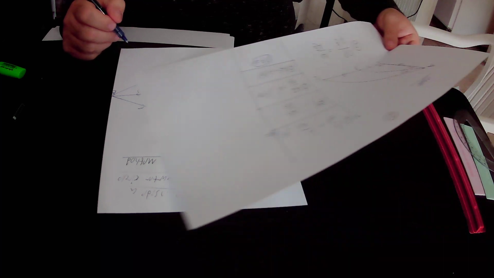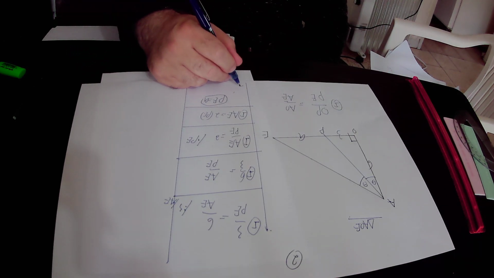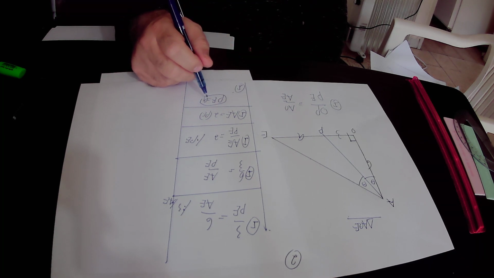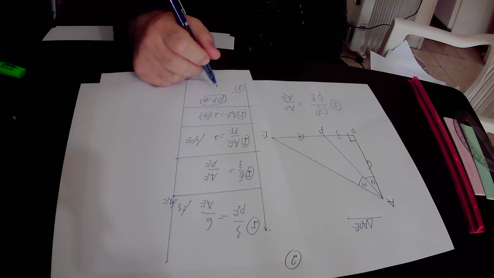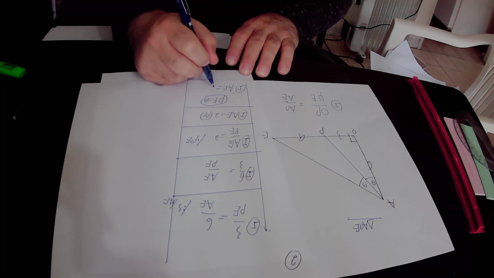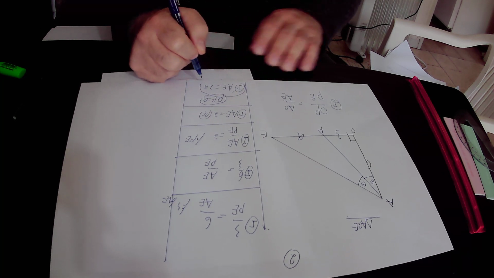And here, according to equation number 1, AE equals 2 times PE, and PE is A. So AE equals 2A.